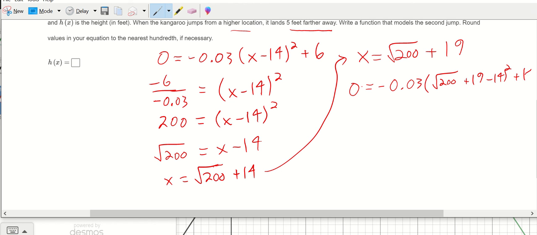I don't know how far we're shifting it up yet, so let's just say that's k. And so k then, if I add this to both sides, would be whatever this is. Let's just simplify that. That's plus 5 squared. So I'll go ahead and plug that into the calculator.